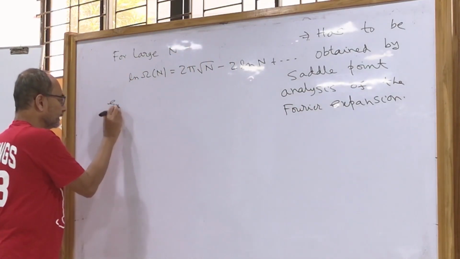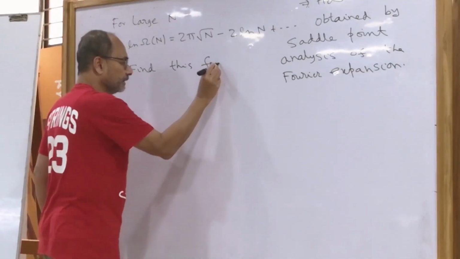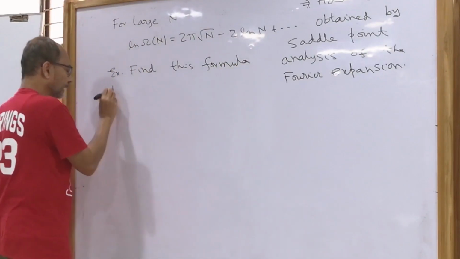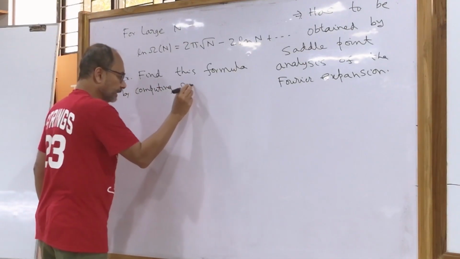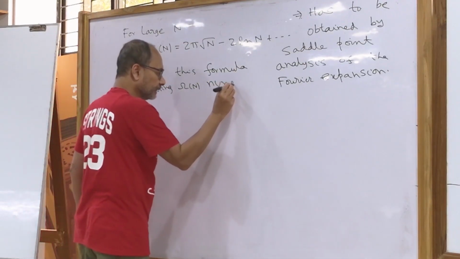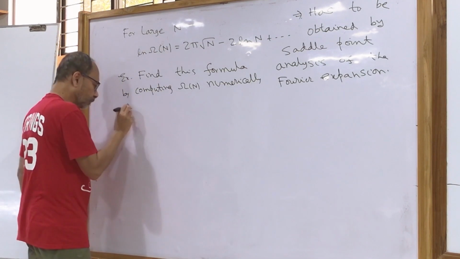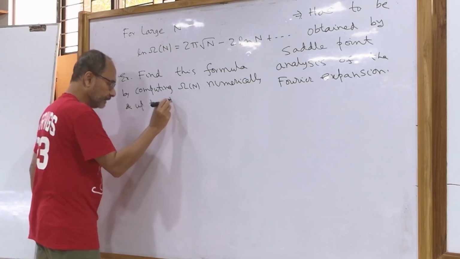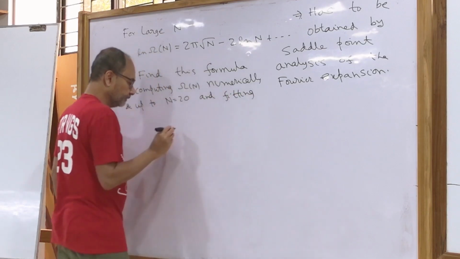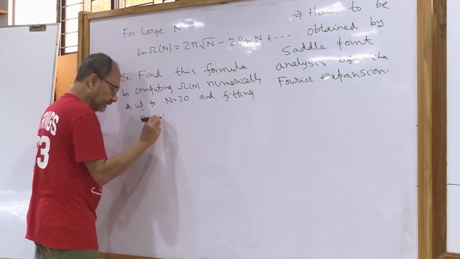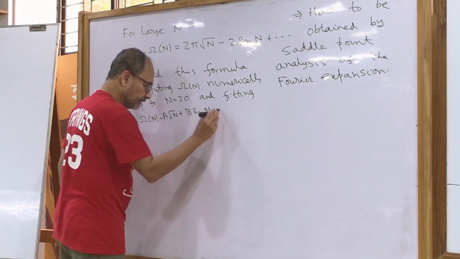Exercise: find this formula by computing omega n numerically, say up to n equal to 20, and fitting omega n to a root n plus higher order terms.